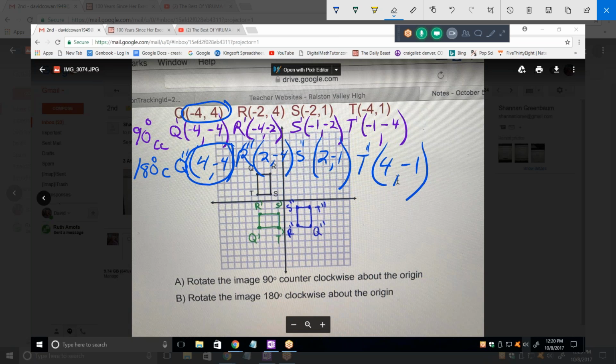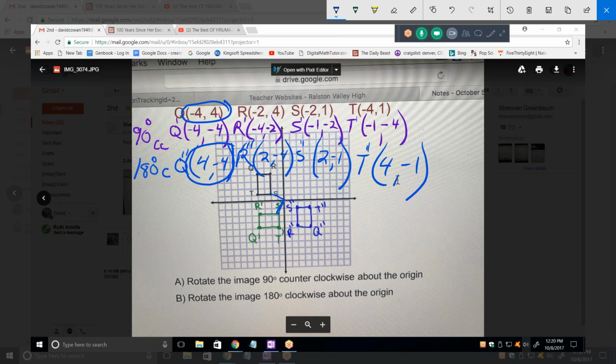And like I said, the way to think about rotations about the origin is to take your point and draw a line to the origin, and then if you're doing a 90 degree rotation, that should be a right angle.